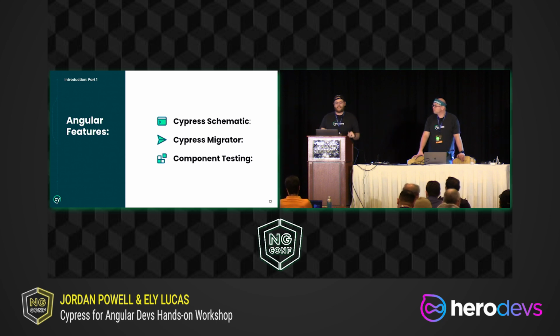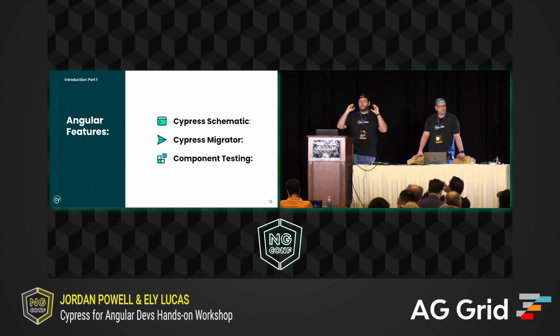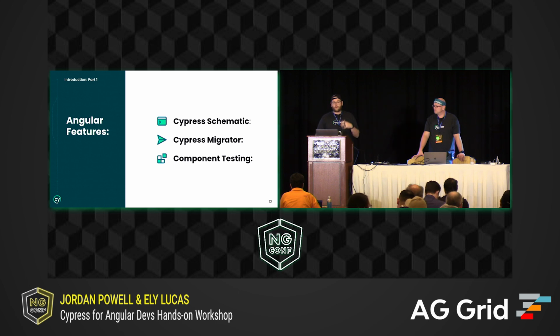They do schematic things, but it's very tailored for Angular developers using Cypress. We'll also have a learning tool that we created called the Cypress Migrator, which we'll use to help migrate your Protractor tests into Cypress, and you'll see that here in a little bit. As well as component testing, a feature we released just 2 weeks ago in Cypress 10.5.